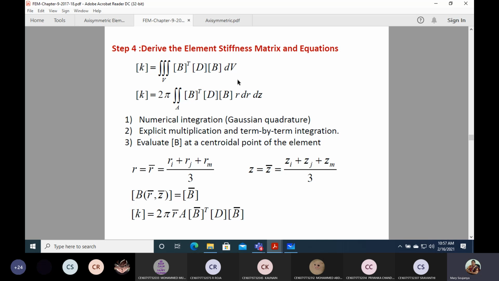So r is the variable, 2 pi is taken out, and the integration is with respect to area. It is not over volume now, and it is B transpose into D into B into r, that is the radius, dr and dz.